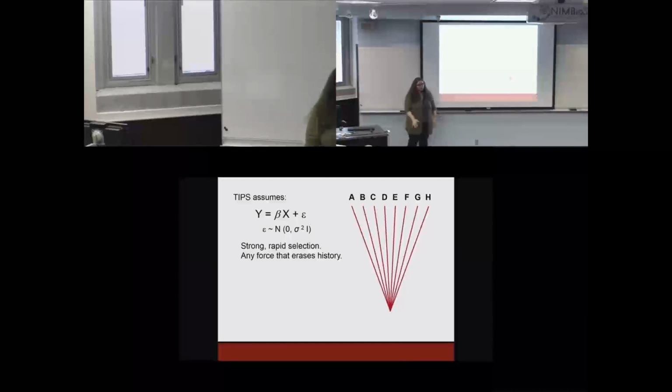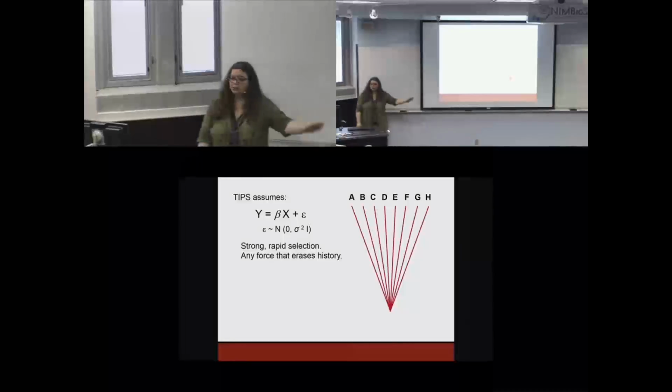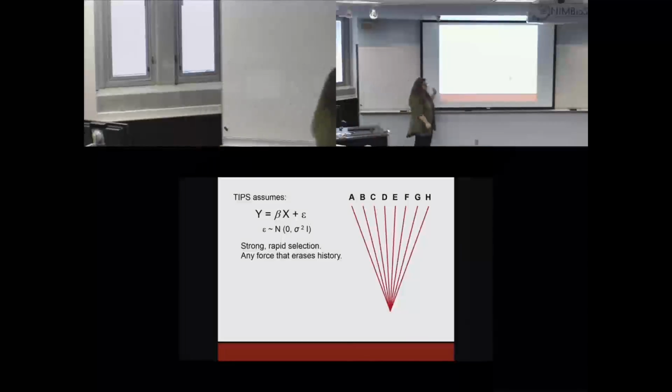Or any other force like that that's going to erase the effect of the phylogeny. Okay. So we're not arguing that the phylogeny actually looks like this. We're arguing that the expected amount of dependence generated by the phylogeny looks like this. Okay.